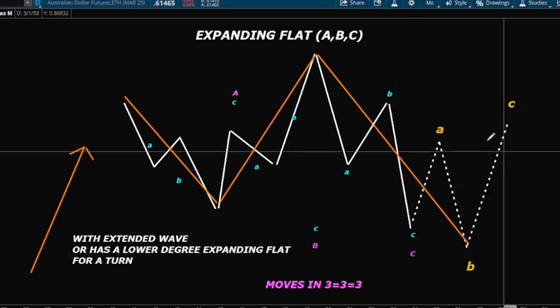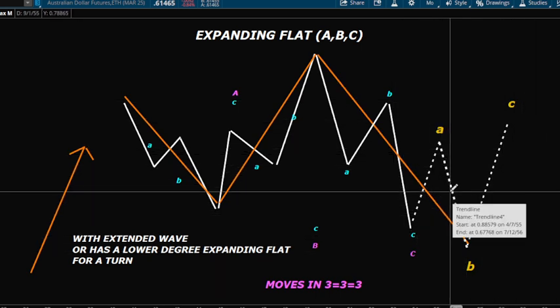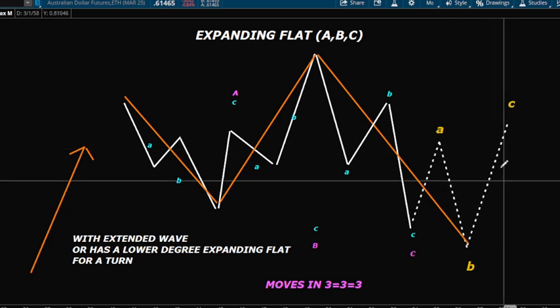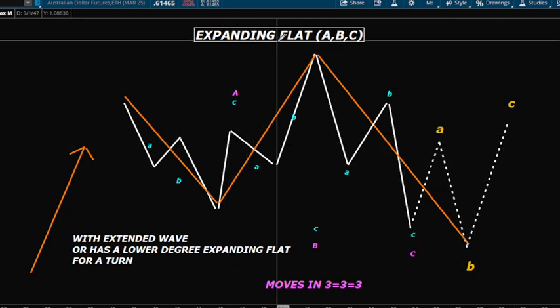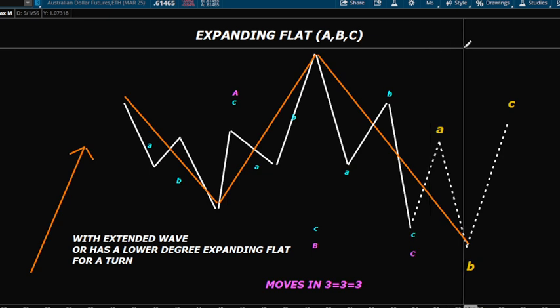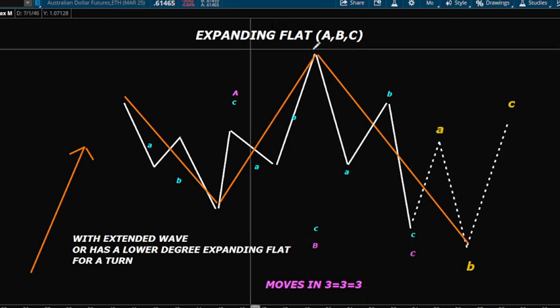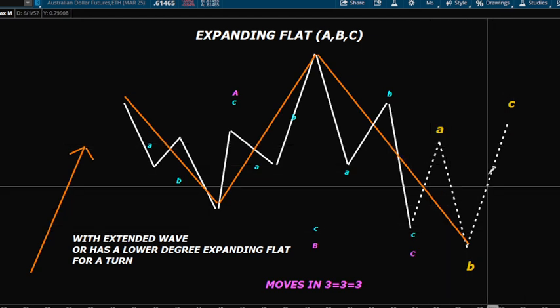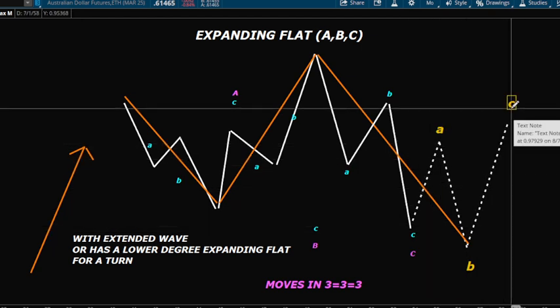But really, this is just part of another correction. I hope that makes sense. I hope you can see that. But again, I just can't emphasize this expanded flat enough, because it's an important part of pivots and turns in momentum direction.